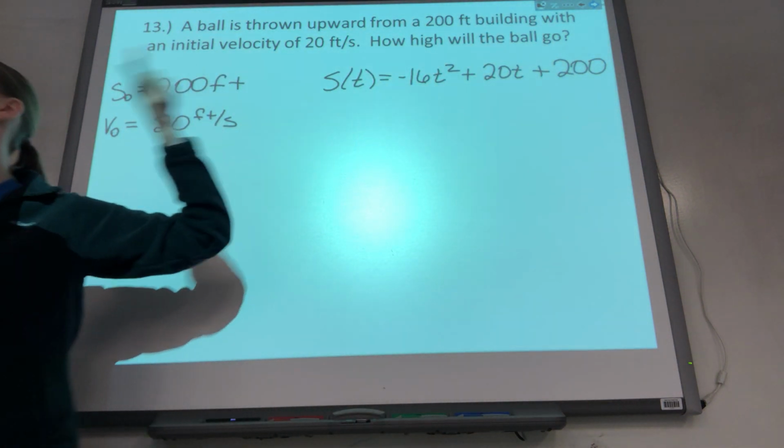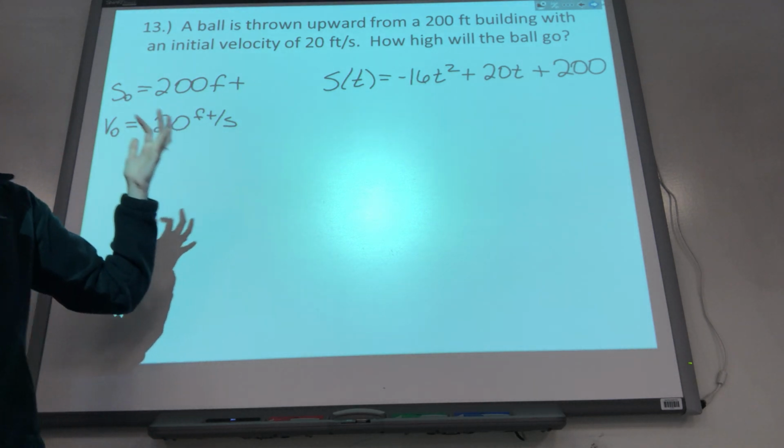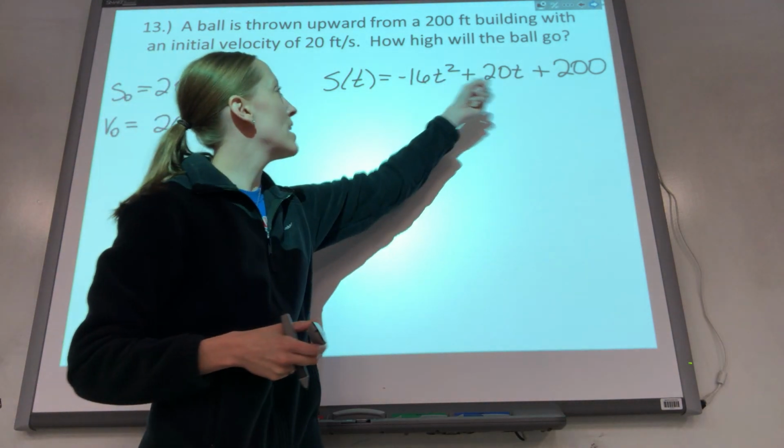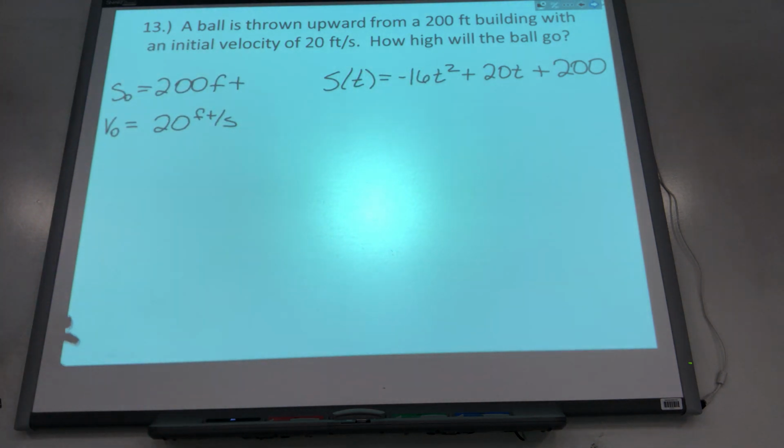S of t is what I'm trying to find in this problem, but the issue is we don't know what t is. We don't know how much time it takes for the ball to reach its maximum height.